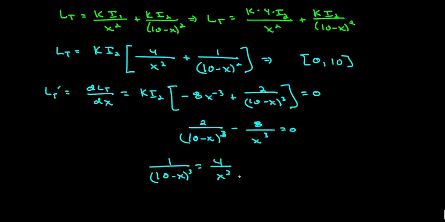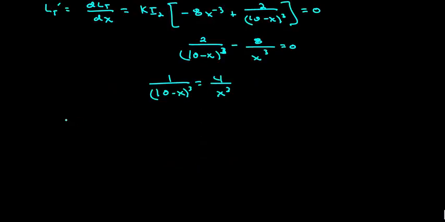So if we go ahead and start working on solving this ugly mess right here, we get the following. We get x to the third should be equal to 4 times 10 minus x to the third power. So this is x to the third is equal to 4 times, this is going to be 100. Oop, not even 100. So it's going to be more than that.